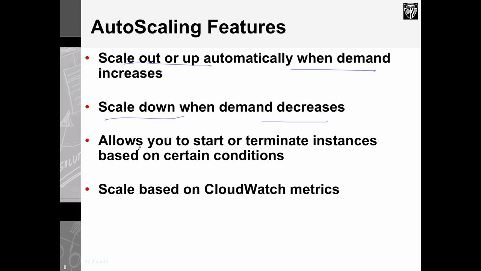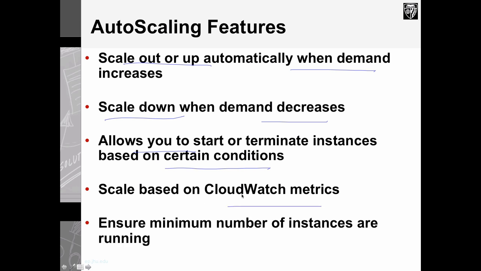Autoscaling allows you to start or terminate instances based on certain conditions. We can configure what those conditions are, and how many instances to start or stop when those conditions are met. You can make this scaling decision based on CloudWatch metrics.